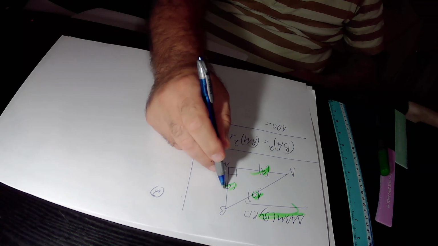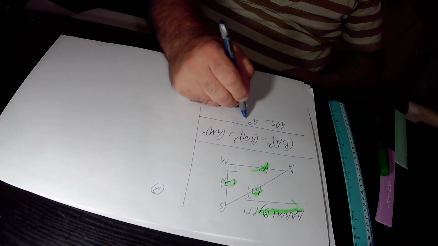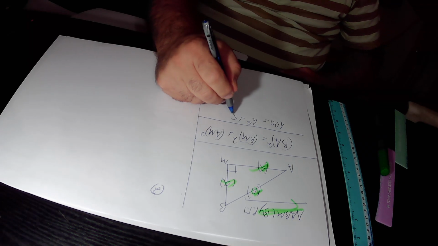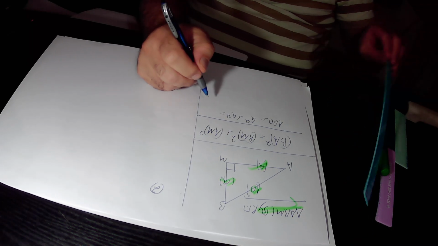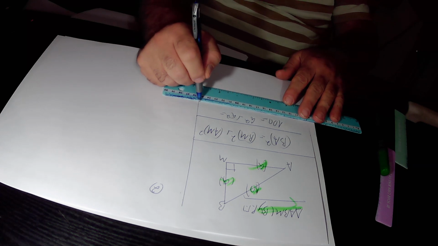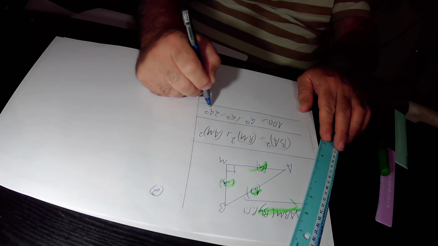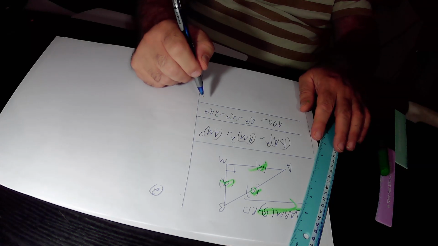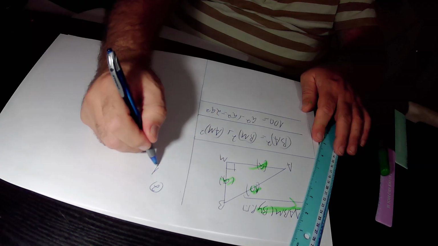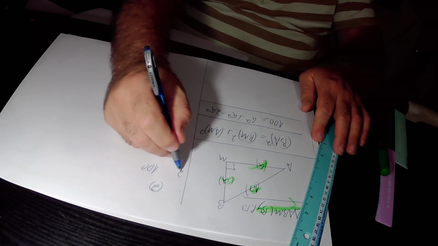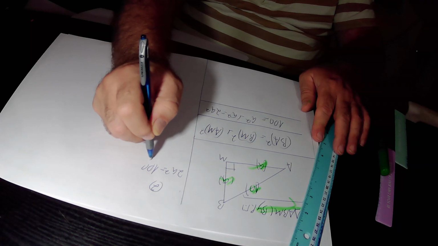BM is A, therefore BM squared is A squared, plus AM squared. AM is A, therefore AM squared is A squared. So in total we find that 100 equals A squared plus A squared. A squared plus A squared is 2A squared. So 100 equals 2A squared, or 2A squared equals 100.